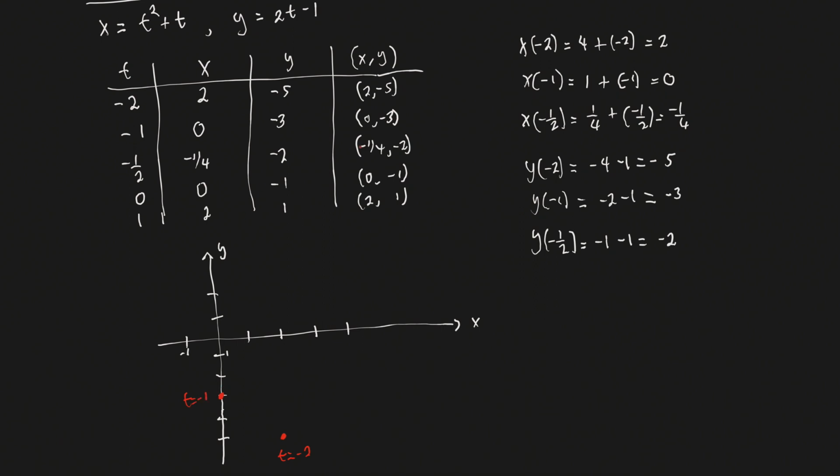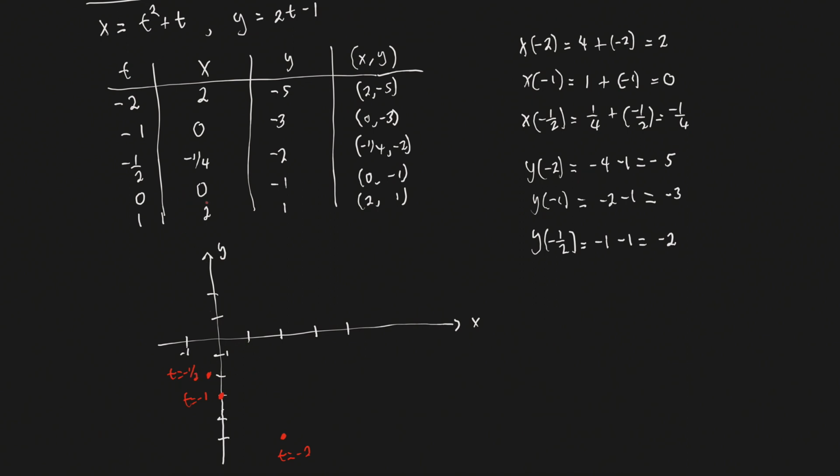And then -1/4 and -2. So -1/4, kind of break this up into fourths. 1, so probably about here. And then -2 is right about here. So this is when we plugged t equals -1/2 in.